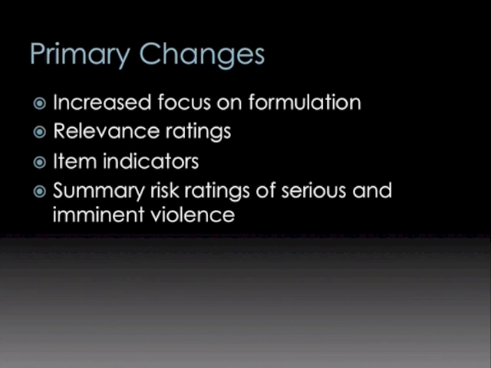And summary risk ratings of serious and imminent violence. For those of you familiar with the current HCR-20, all we say is think about whether somebody's at risk for violence, generally, at some point, of some kind in the future. We don't get any more specific than that. But we thought in a lot of contexts, people need to be thinking about different forms of violence, whether somebody's at risk to commit serious physical harm, and to do so sooner rather than later.